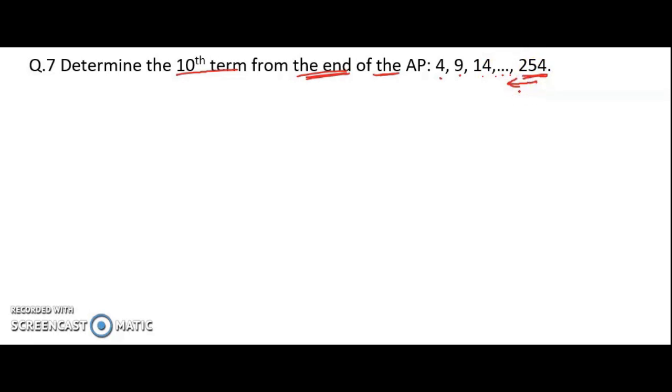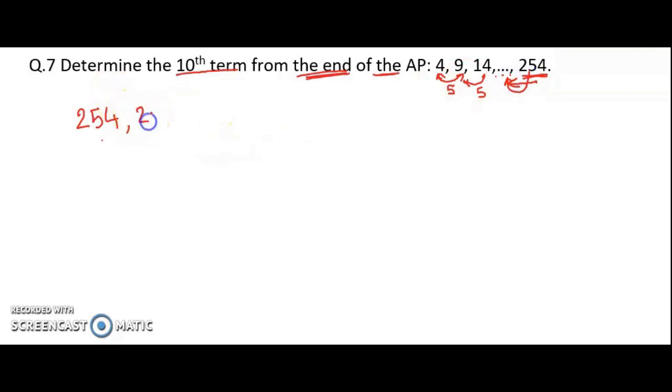So to find out the 10th term from the end of the AP, first of all, we will write this AP in the reverse way. First term will be 254. Then the next term will be, you can see the difference between 4 and 9 is 5. The difference between 9 and 14 is also 5. So the difference between 254 and its previous term will also be 5.